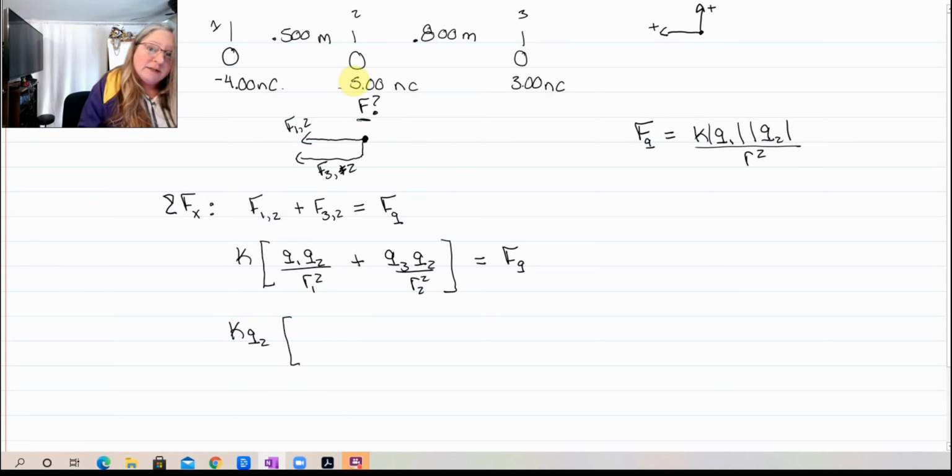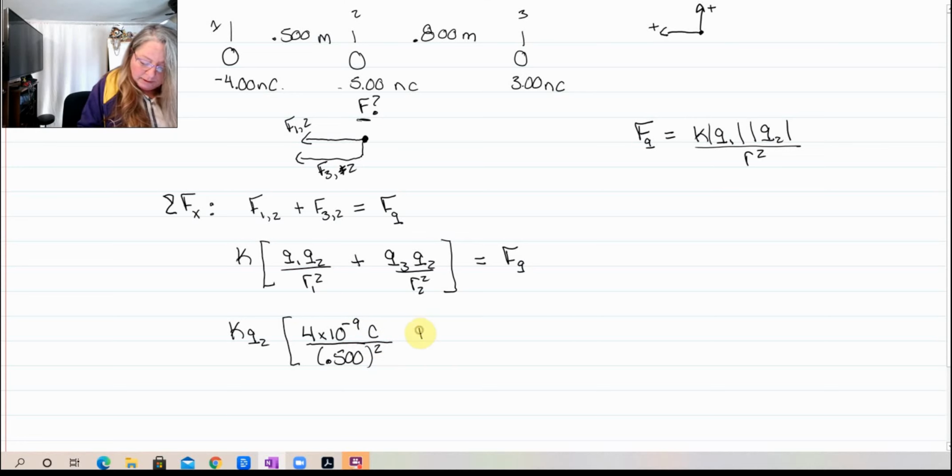Now remember, R is the distance between the two charges that are interacting. So for Q1 to Q2, our Q1 is 4 times 10 to the negative 9, and our R is 0.500 meters squared. And this is coulombs.